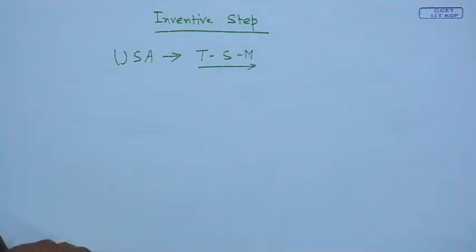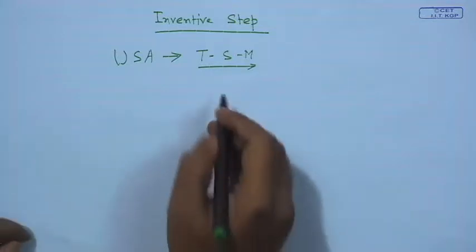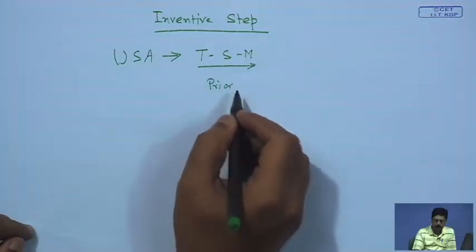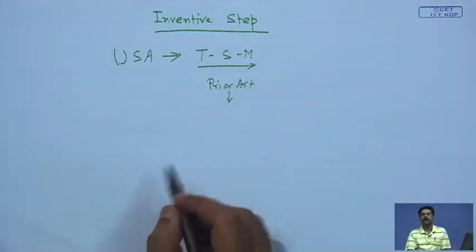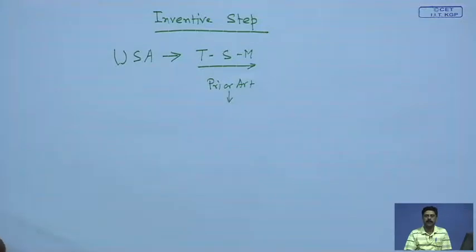So, if prior art, meaning a prior published document, teaches us something and suggests or motivates us to make a modification, and I am claiming that modification as my invention, then it will not qualify for the criterion called inventive step.